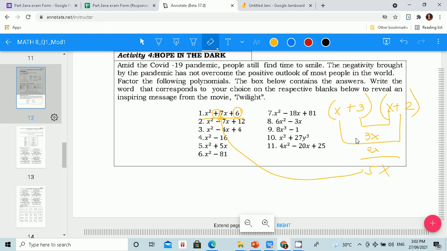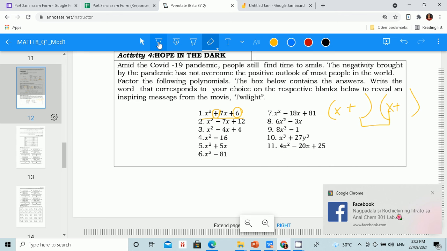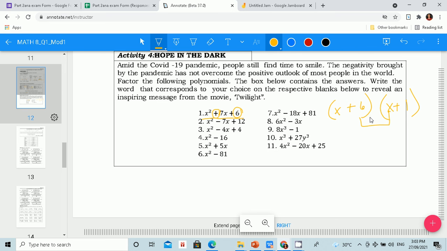So let's use another factor of 6, which is 6 and 1. 6 times 1 is 6. What about 6x plus x? This one is 7x. So we know that we get the correct answer. That is x plus 6 and x plus 1. This is our correct answer.